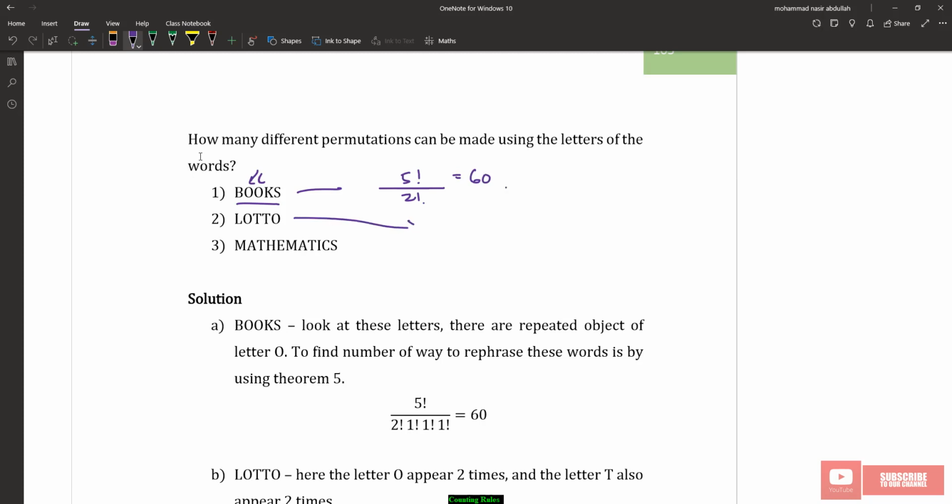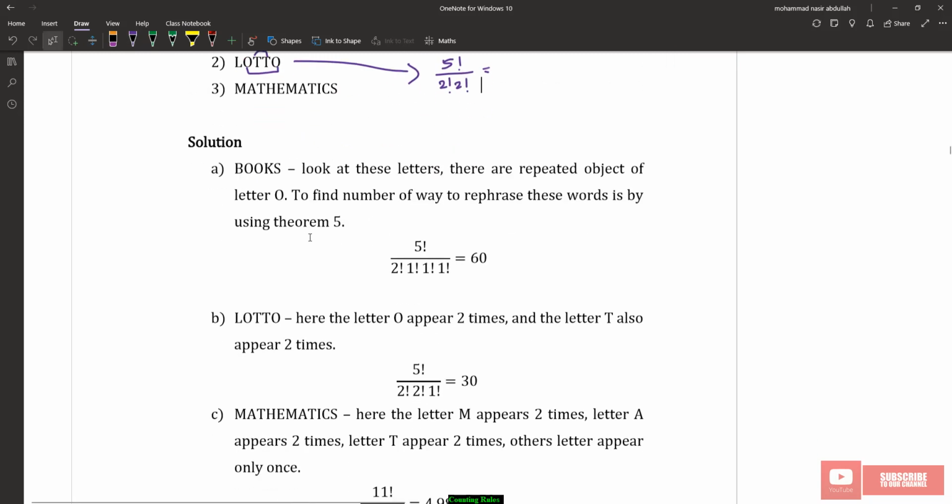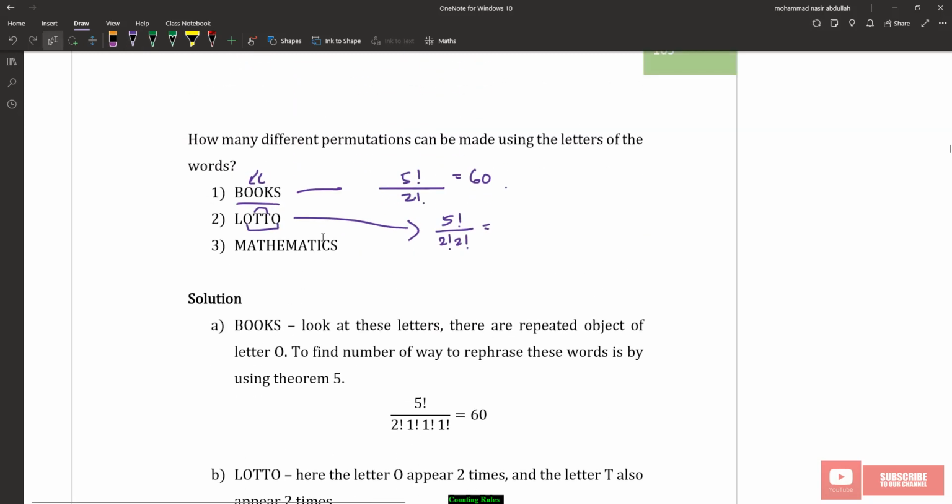And Lotto, same as books, we have 5 objects, 5 factorial divided by 2 factorial for the 2 O's and 2 T's, so 2 factorial multiplied by 2 factorial, which is equal to 30.